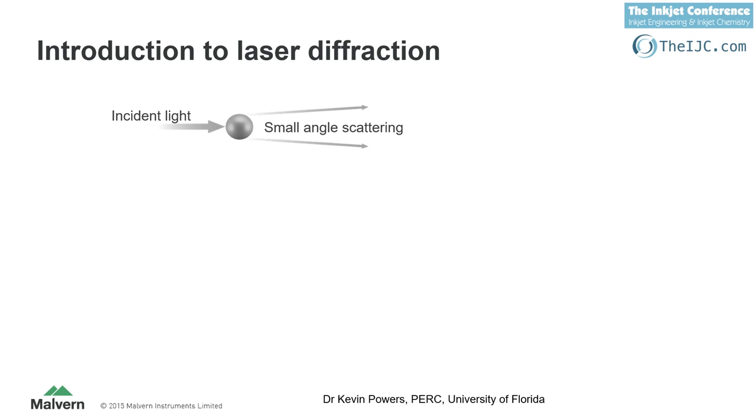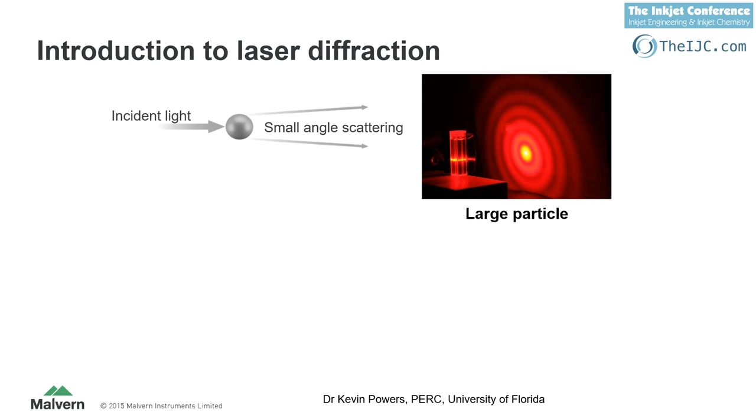In our example here of some large particles suspended in a cuvette illuminated by a laser, we get a bright ring very close to the center of the diffraction pattern. So that's our first scattering peak, and a bright intensity close to the center of the diffraction pattern at narrow angles.